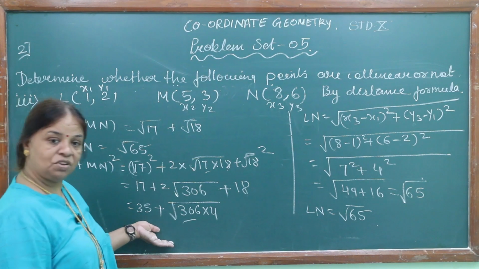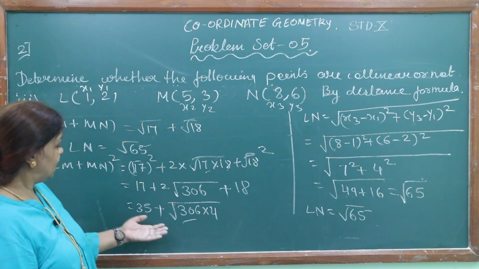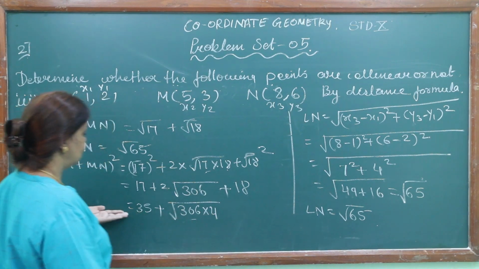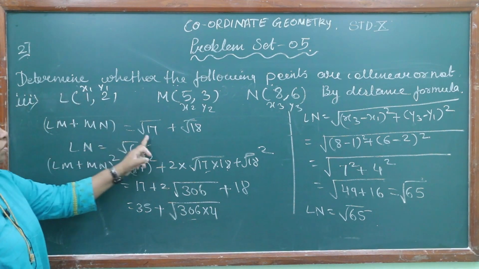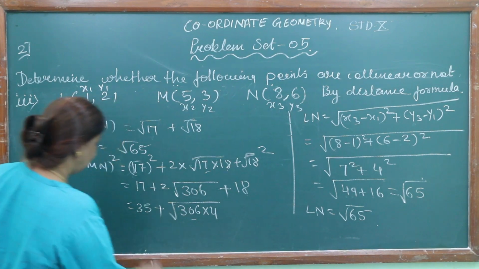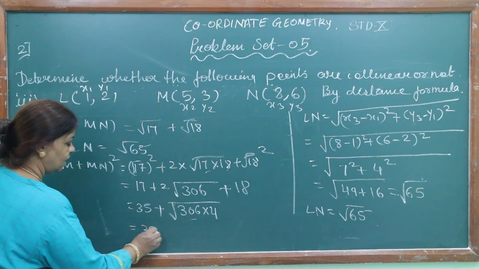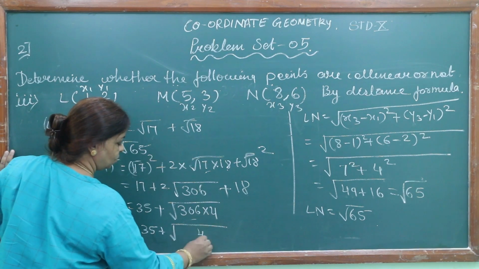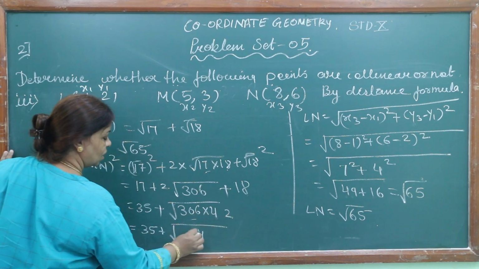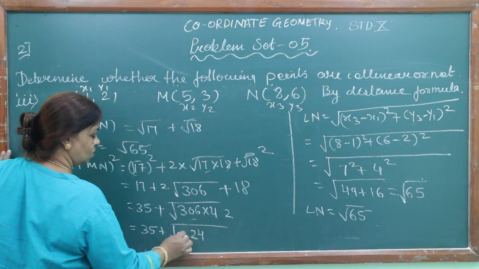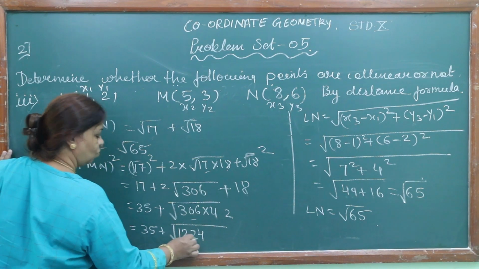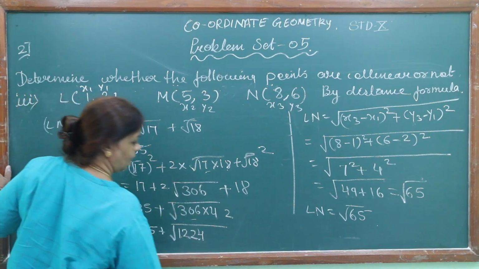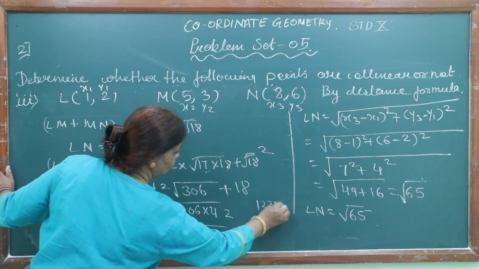So it will be giving you a root answer only. That means the sum of these two is not equal to this one. Further we can do it, 35 plus the square root of 1224.